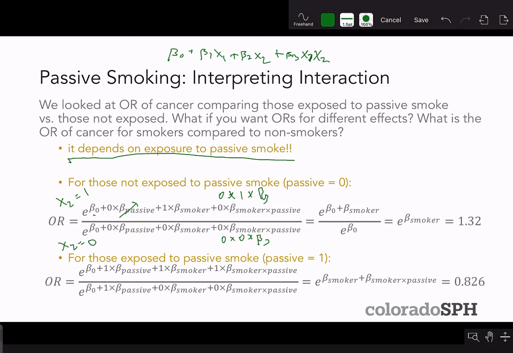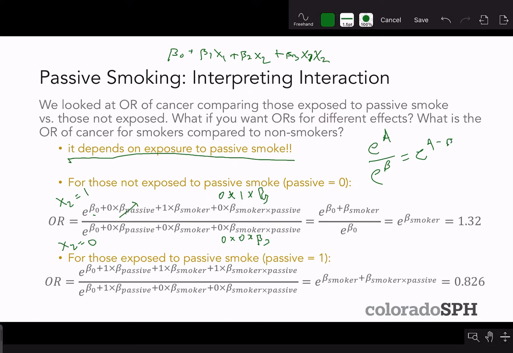And then because of the properties of dividing exponential terms, so if you have e to the a over e to the b, for example, that's going to be e to the a minus b.